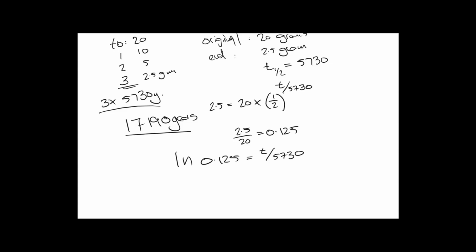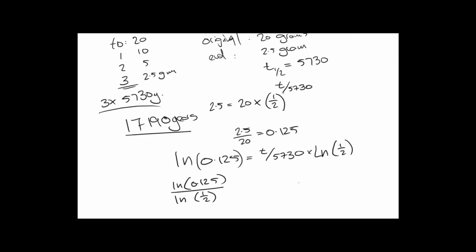So the natural log of that is that times the natural log of half. So the natural log of 0.125 over the natural log of half.